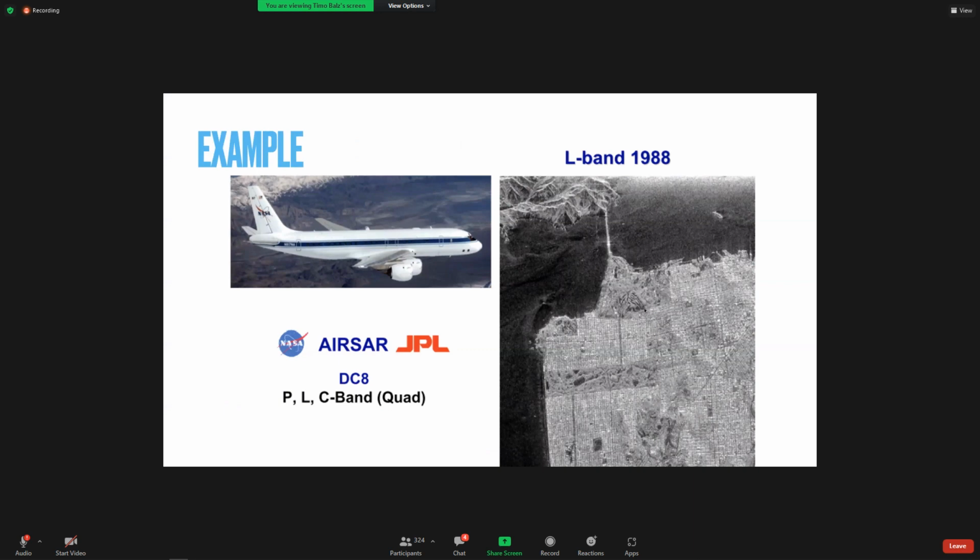Let's take a look at an example. I think it's San Francisco. I did not write it here. Anyway, here it's some L-band data. You see, it's quite an old example.